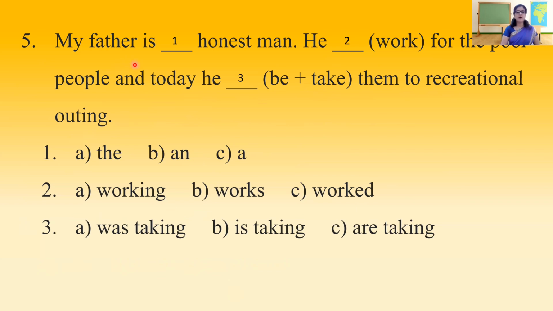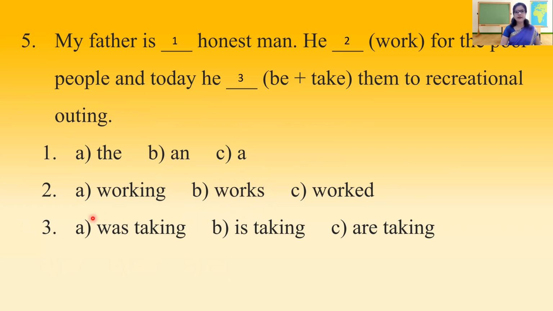Now, my father is, which article do you have to use? An honest man. Why? Because H is a consonant letter, even though it gives you a vowel sound. An honest man. He dash for the people. He is singular, so you have to use s. So he works for the poor people.